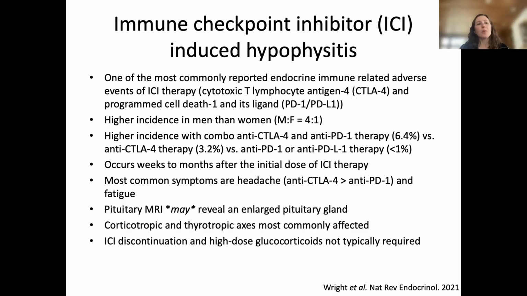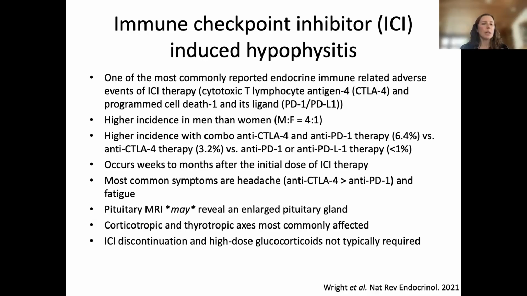Immune checkpoint inhibitor, or ICI-induced hypophysitis, is one of the most commonly reported endocrine immune-related adverse events of ICI therapy, notably CTLA-4 and PD-1 or PD-L1 therapy. In contrast to lymphocytic hypophysitis, which is more common in women, ICI-related hypophysitis presents with higher rates in men, with a male to female ratio of 4:1.